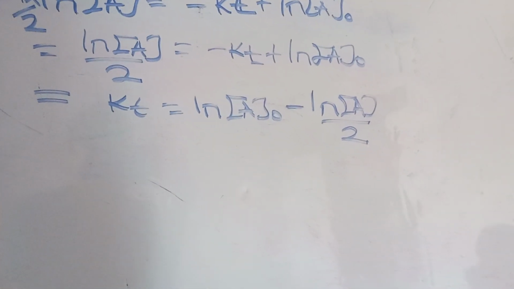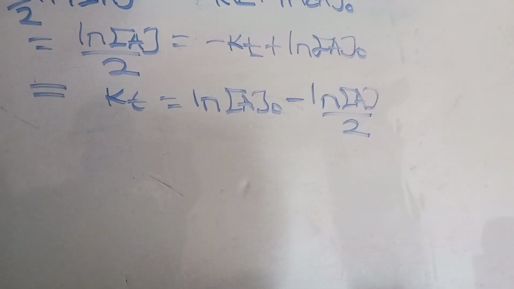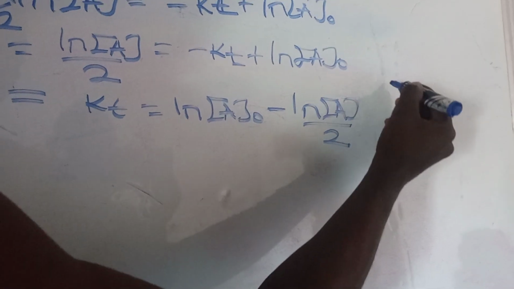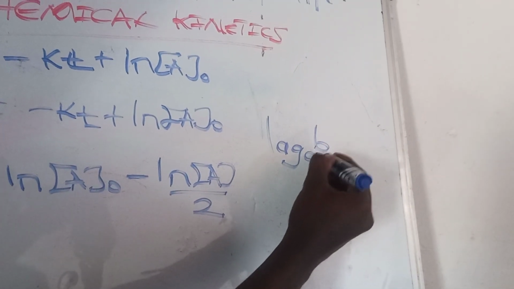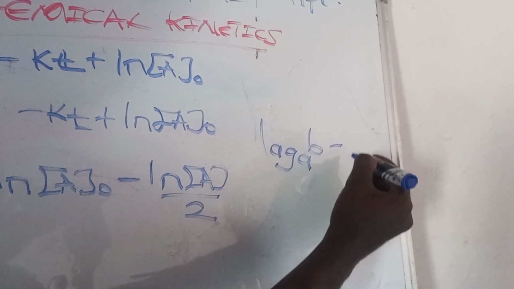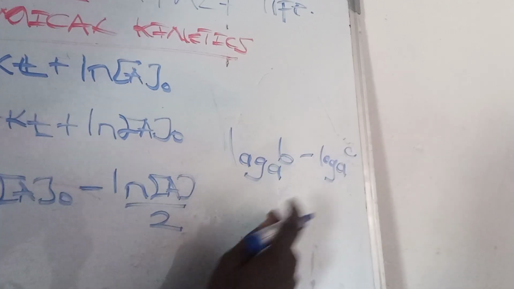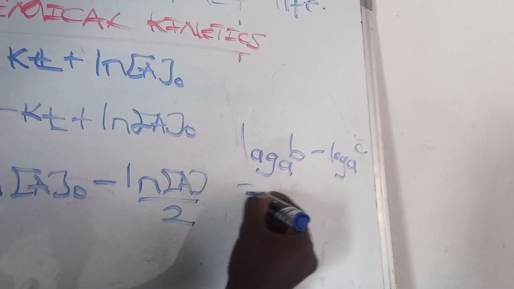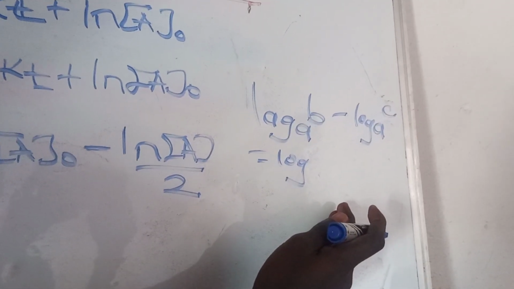Allow me now to take you back to logarithms. You all agree with me that under logarithms, when we are dealing with subtraction, if we have the log of b base a minus the log of c base a, we know that the subtraction turns into division.